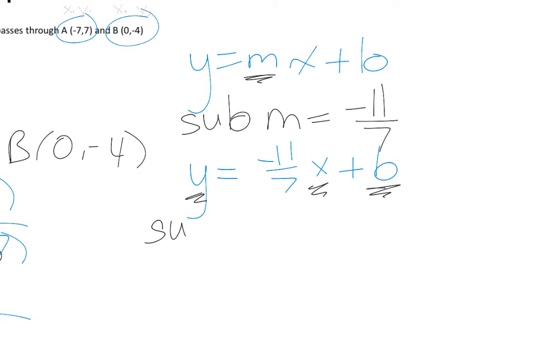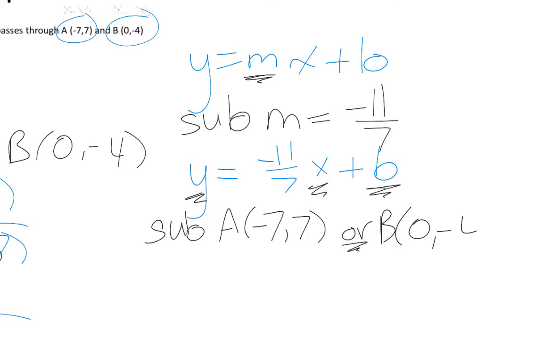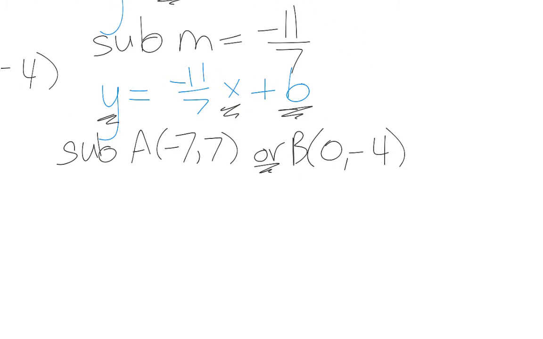I'm going to say sub point A, which is negative 7, or point B, which is 0, negative 4. The choice is yours. The answer will be exactly the same no matter which point you use. I'm going to use point B this time.